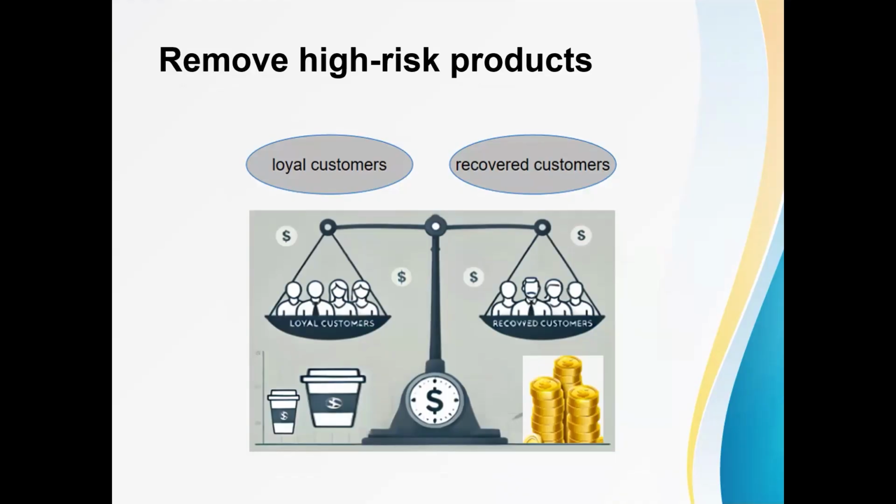A loyal customer for a product is defined as one whose total spending exceeds the median spending for that product. If the value lost from loyal customers is lower than the benefits gained from recovering churn customers, then removing the product is justified.